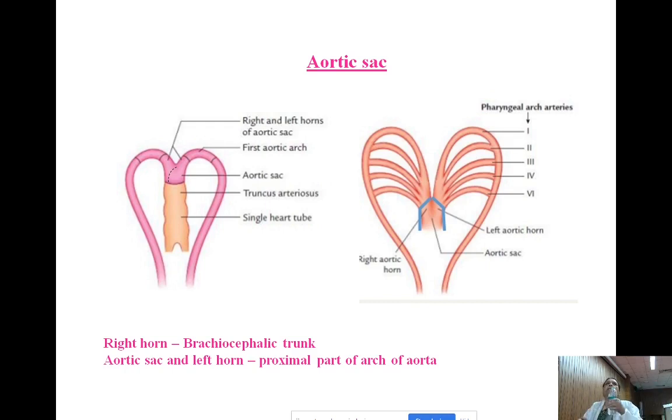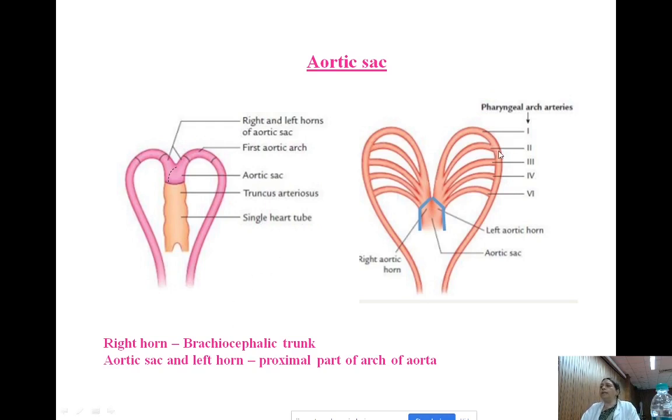They are the remnants of the second arch artery. So the first arch artery gives rise to part of the maxillary artery, and the second arch artery may also give rise to the hyoid artery and the stapedial artery.